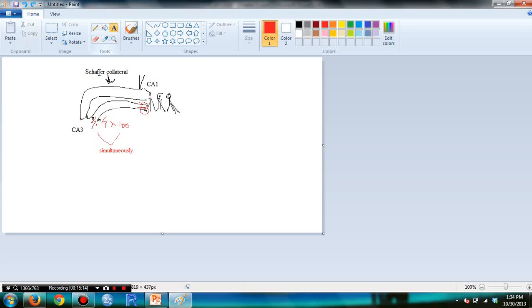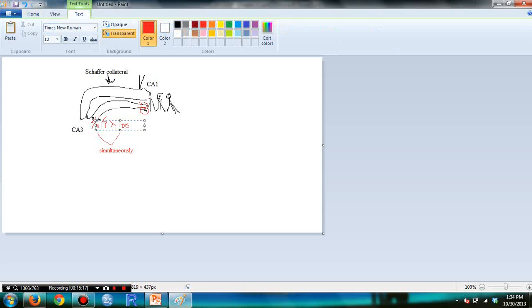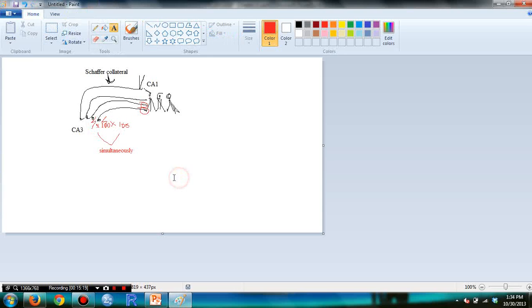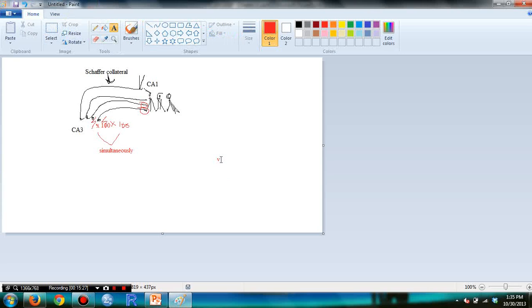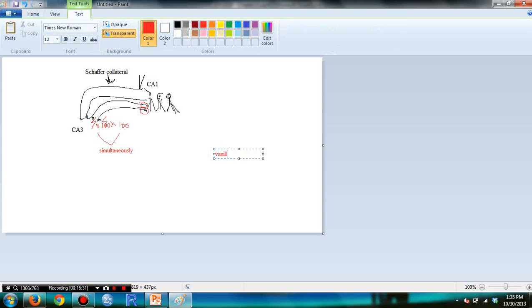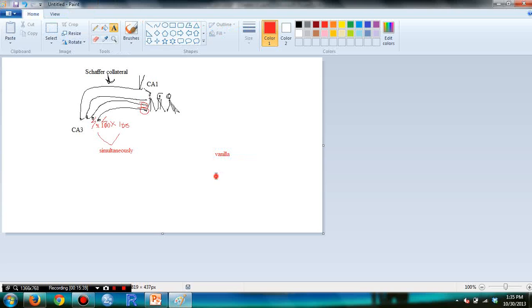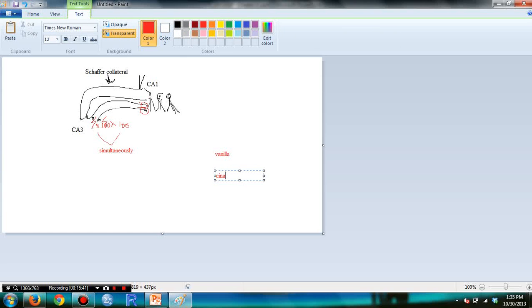So here you have this idea of vanilla, right? And you have this idea of cinnamon. And when I think of cinnamon, it can make me think of ice cream.